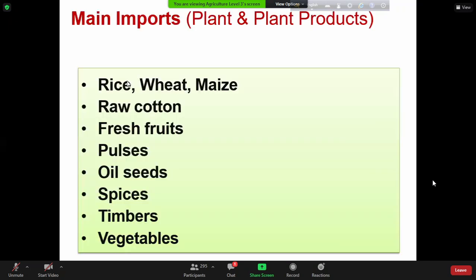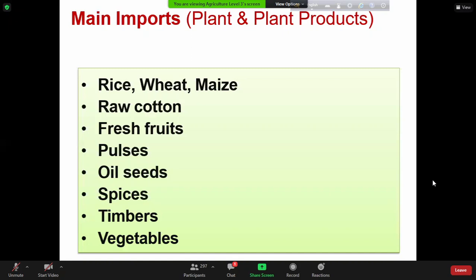So we import a number of plants and plant products from foreign countries. For example, we import rice. Nowadays, we are self-sufficient in rice production, but in the recent past, we had to import rice.